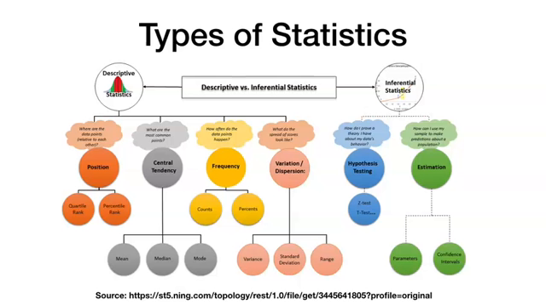In inferential statistics, you make conclusions about a population based on a sample of data from the population. These types of statistics, inferential statistics, allow you to make decisions or predictions about a population. So what kind of inferential statistic can we look for?